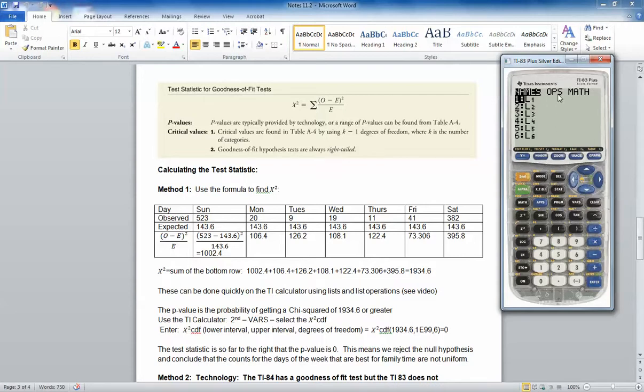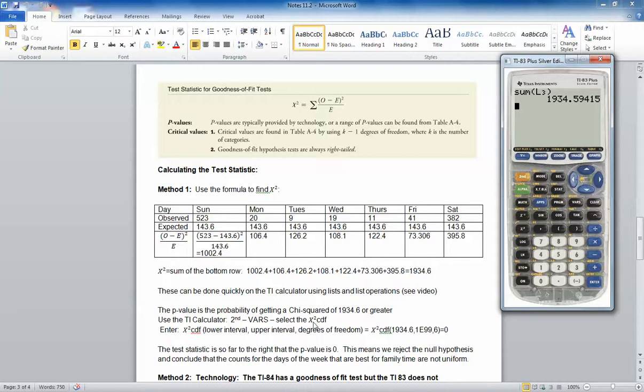There's something called operations, something called math. This right here, pick option number 5, the sum. And what we want is the sum of everything in list 3. So you can tell your calculator sum up list 3. And there's our chi-squared value of 1934.59. So you can use the lists to make the arithmetic a little easier.